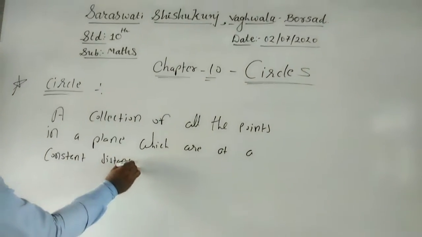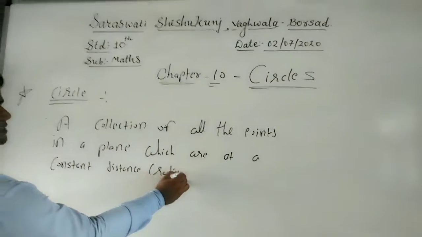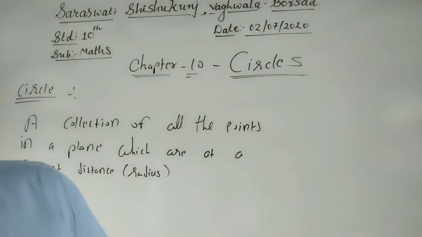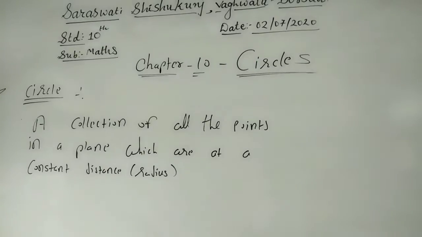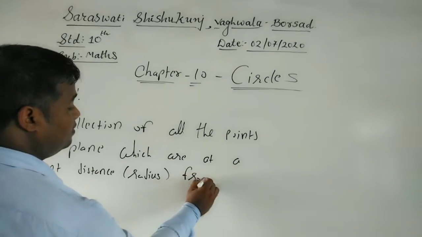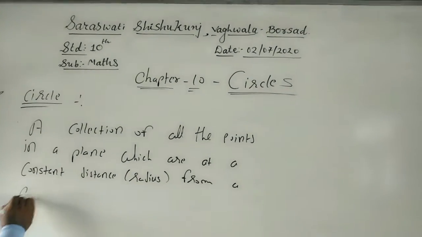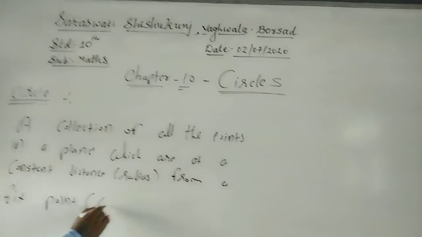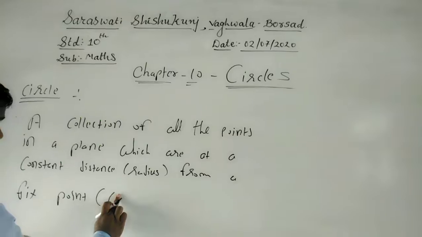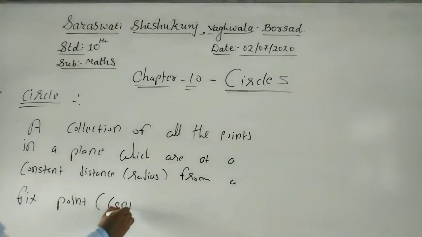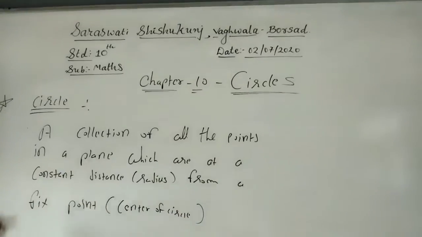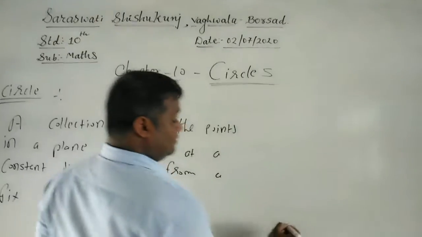This constant distance is known as your radius, from a fixed point. This fixed point is known as the center of the circle. This we will know practically by the figure.